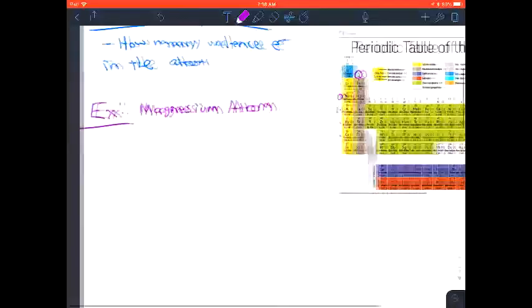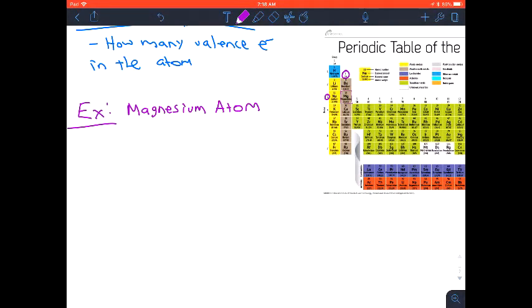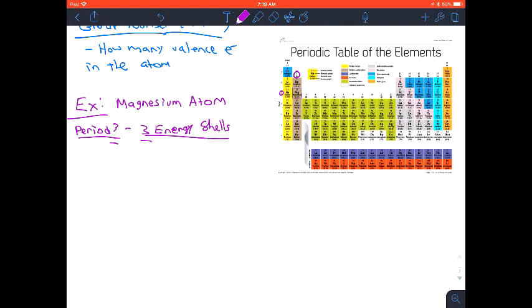So we know that since it's in period 3, it's going to have 3 energy shells. Because it's in group 2, that means it's going to have 2 valence electrons. So now the only thing that we have to do is draw the Bohr model.